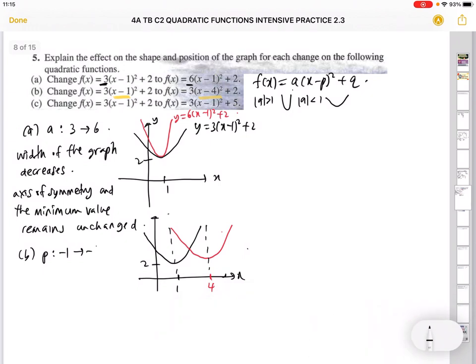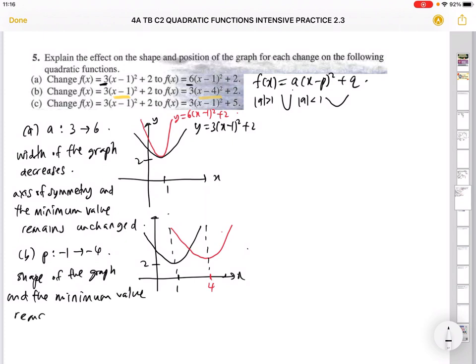So the width of the graph remains, the shape remains unchanged, right? Okay, so the shape of the graph and the minimum value remains unchanged.